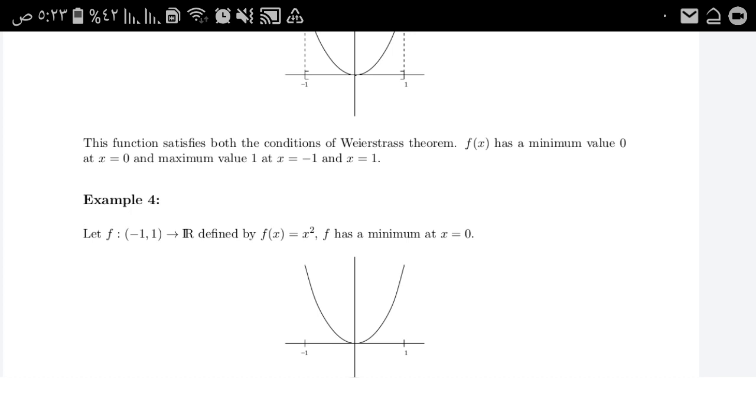Why? It's a bit difficult. In this case, the function f doesn't have maximum.